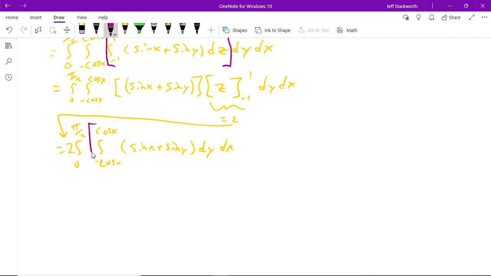All right, so now I'm going to do the y component. Sine of x is going to be a constant in this case. So this is going to give us sine x times y, and then plus the integral of sine, which is negative cosine. All this goes from negative cosine x to positive cosine x.